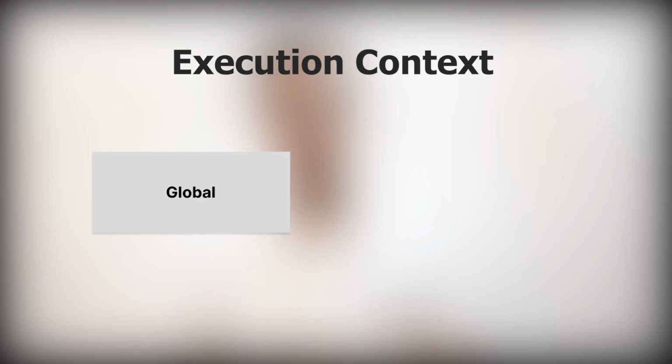In JavaScript, we have two kinds of execution context, right? One is the global execution context, the second one is the function execution context. The global execution context has multiple properties and multiple methods or functions available in it.